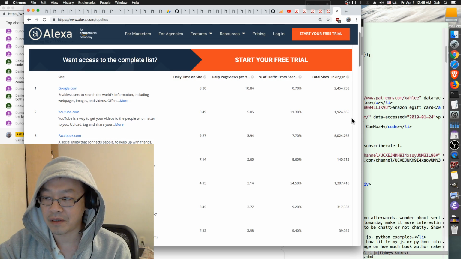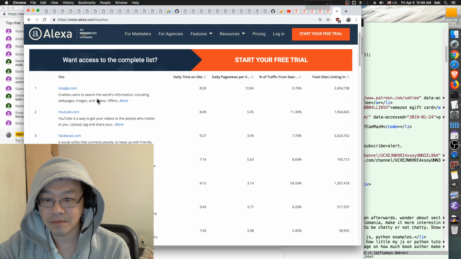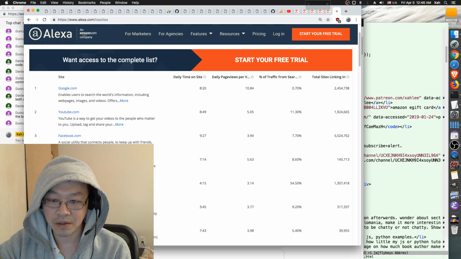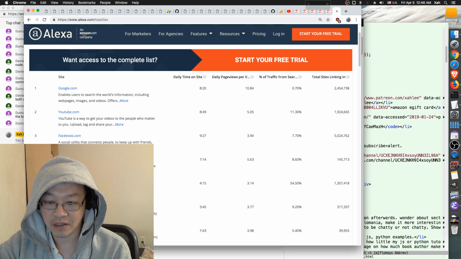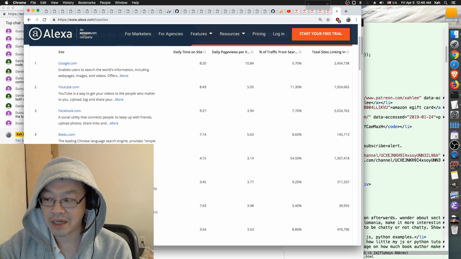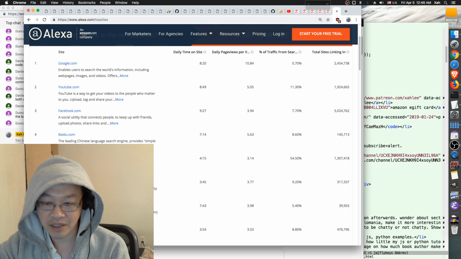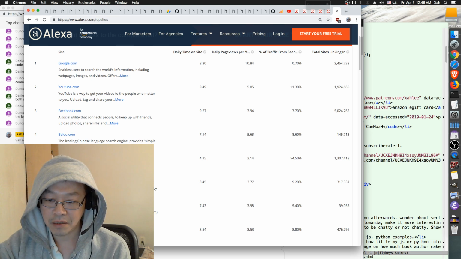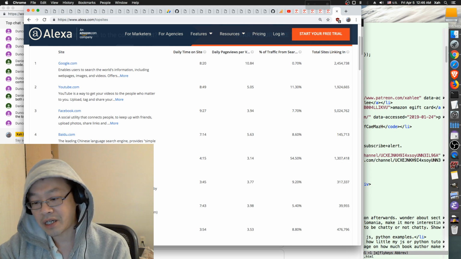Then YouTube, Facebook, Baidu, which is like the Chinese Google search engine. Then Wikipedia, QQ. You see, QQ is a website for microblogging, like Twitter in China. Taobao is like China's Amazon.